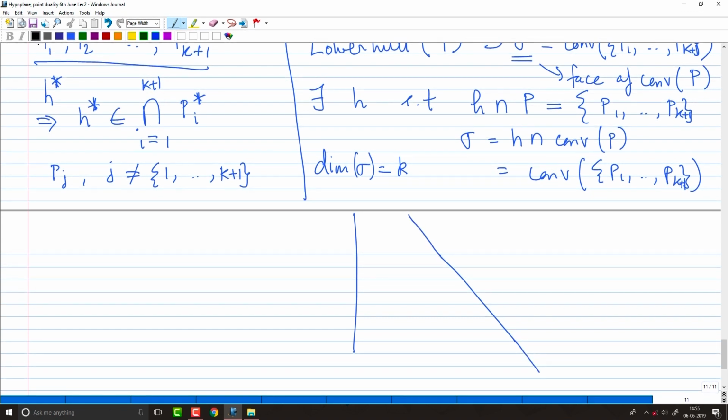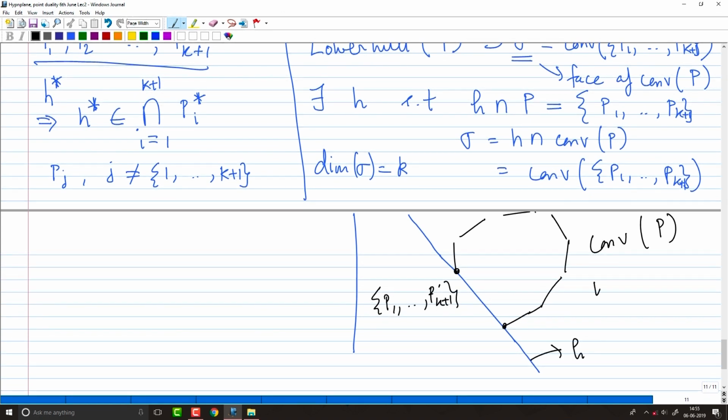So one side, the positive side of H, contains your convex hull, right? That is how we have defined it, and we are taking the positive side. So this is how your convex body will look somehow, like this convex hull of P. And these Pi's, for all these P1 to Pk plus 1, let us say this is H, and this is H plus, this region.